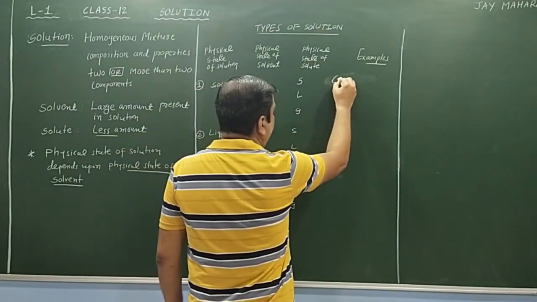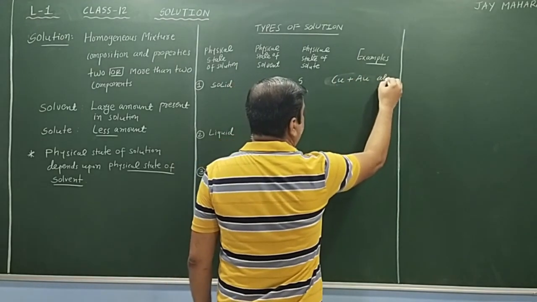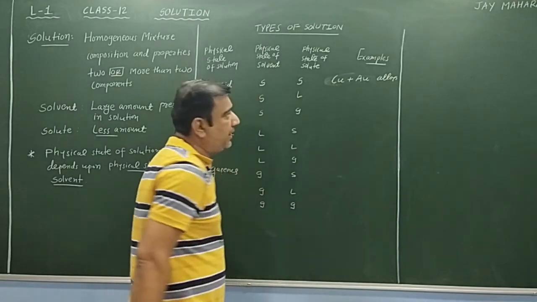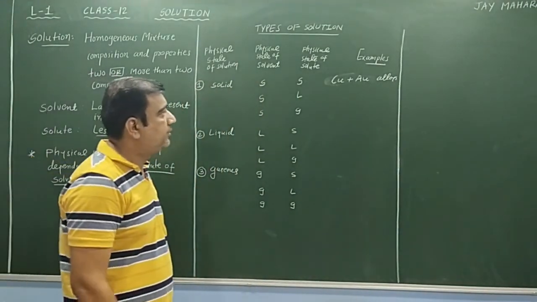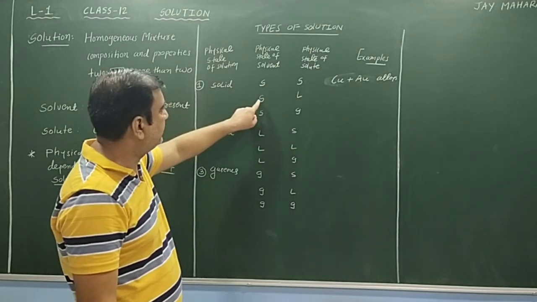That means copper and gold. So the example we can say is alloys. Okay. Alloys is an example. Copper dissolving gold.